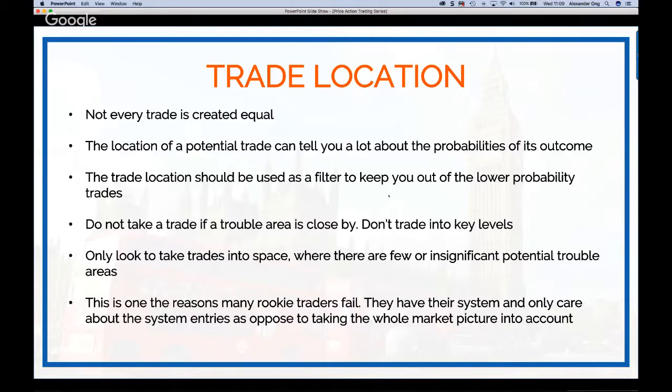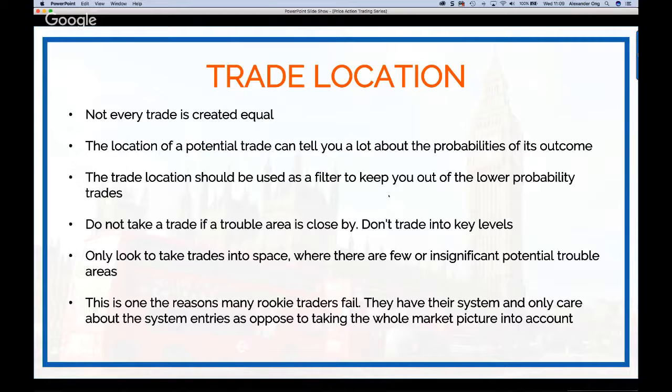Not every single trade is created equal. Right? The location of a potential trade can tell you a lot about the probabilities of its outcome. If you're trying to sell the market and you're selling at a big time support, the probabilities of success are significantly lower than if you sold after the break or if you sold on a pullback to a resistance level.